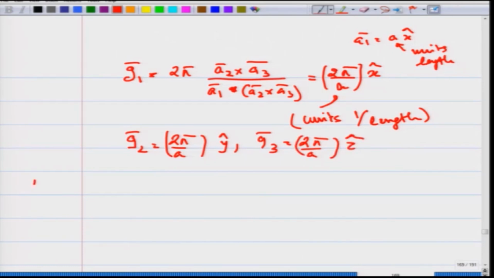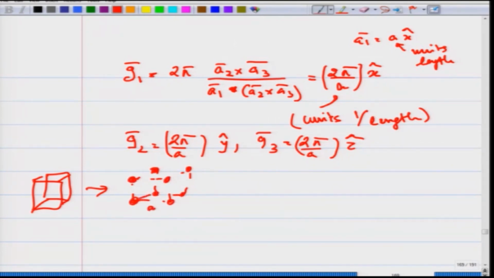So, corresponding to a crystal which is cubic, you can in real space generate a cubic set of points. These are your cubic lattice points in real space whose spacings are A, and you can define your lattice vectors A1, A2, A3, and using those lattice vectors A1, A2, A3 you can generate the full space of lattice points.